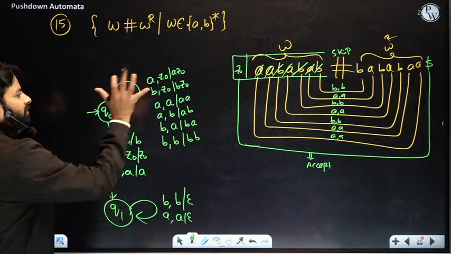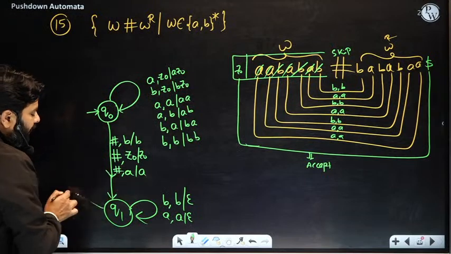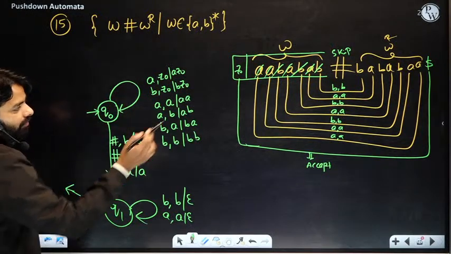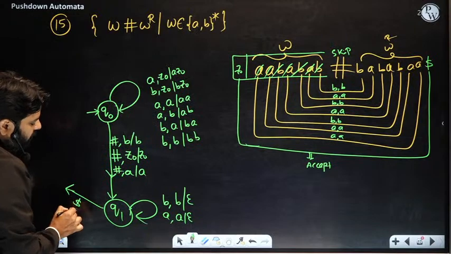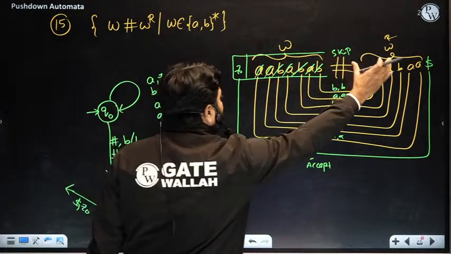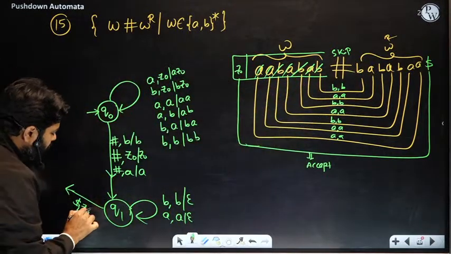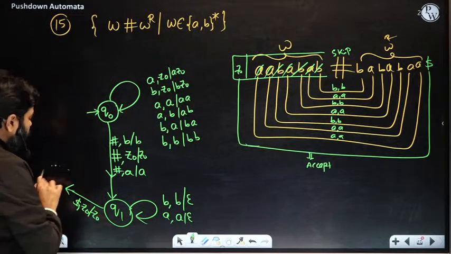So now if this is a W, this will match with the reverse of the string, then at the end, when dollar comes, end comes, then the top of the stack should be only Z0. That means the entire sequence W is popped. Then you go to final.